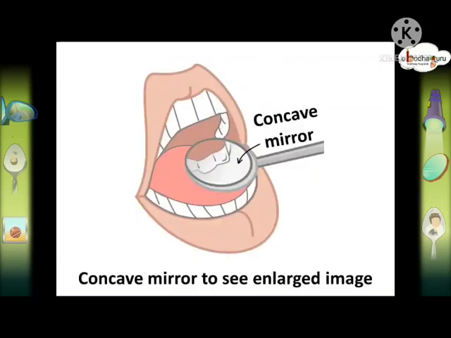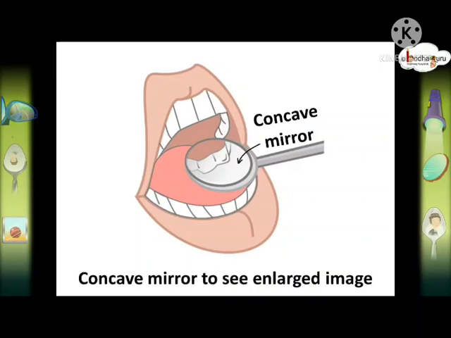Now, what is the use of spherical mirror? A concave mirror has the capability of forming images that can be smaller or larger in size depending on the position of the object. These mirrors are used in various medical practices.